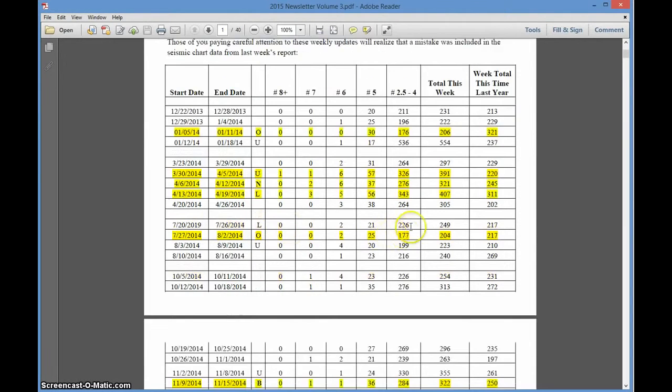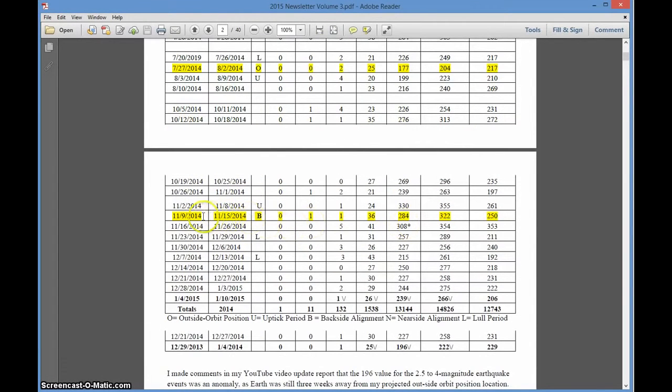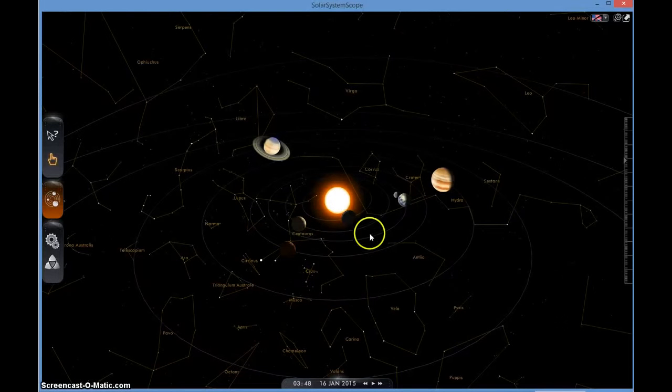I still don't know. But let's go to the backside alignment event. Last year, this was October 25th, 2013, 7.3 Japan. Now we've got the backside alignment event at 11:15. That's where the Indonesian quake took place. Now let's go back around here and let's move the Earth around.